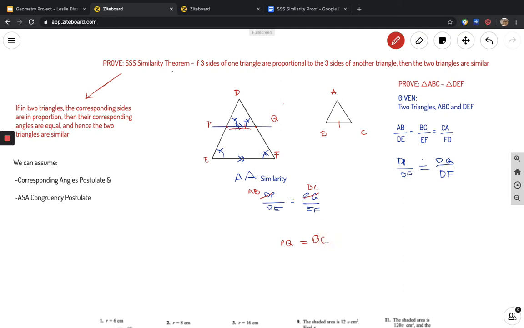And we can derive that basically from our last step right here, because these triangles are going to be proven as similar.